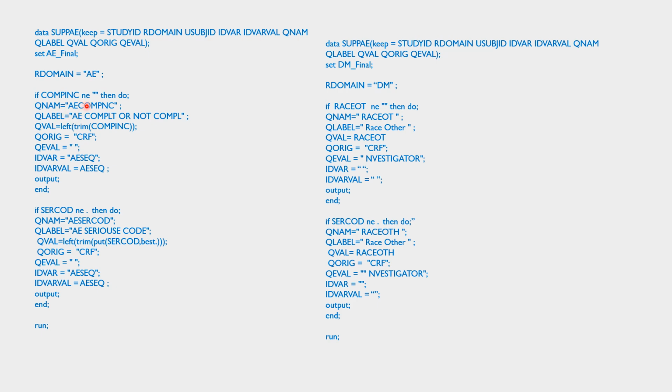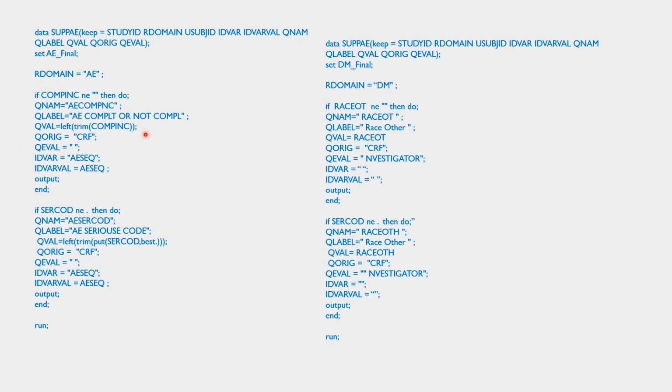QNAM will be this variable, AECOMPC. The label will be whatever this variable's label is. QVAL will be that variable's value. Whatever value this variable holds, we allocate to QVAL. QORIG will be CRF, and QEVAL will be null; if available, we capture it, or else it's not required. As I already told, IDVAR and IDVARVAL will always be the sequence and sequence number. Then output, end. This is for only one variable.